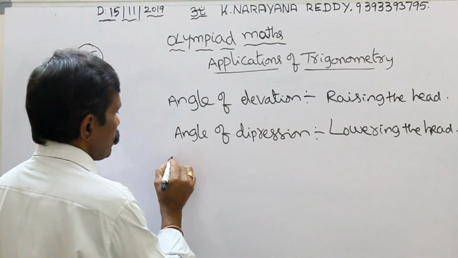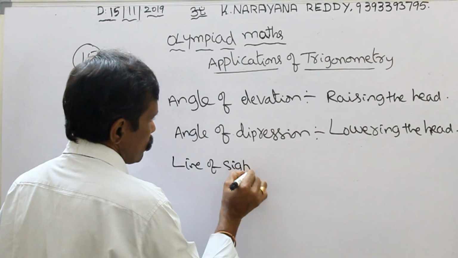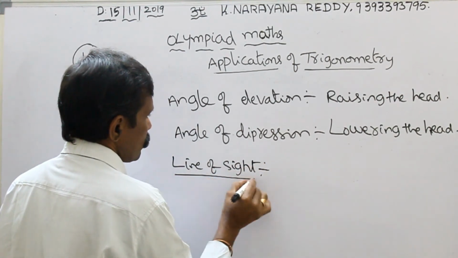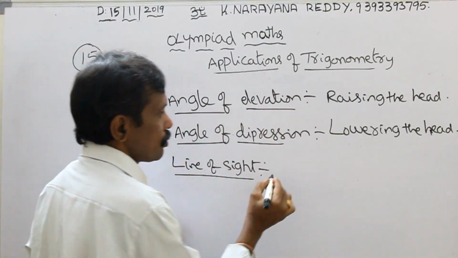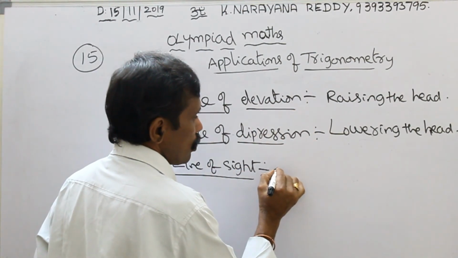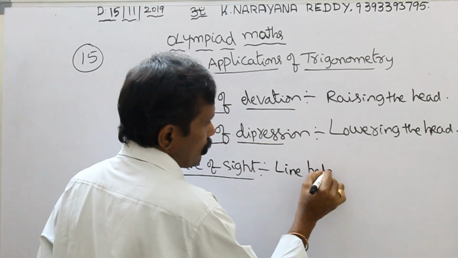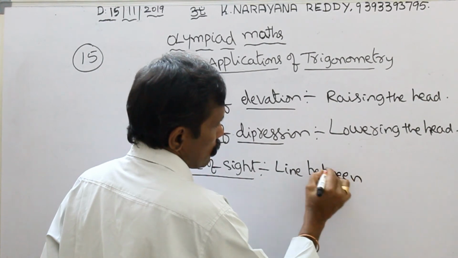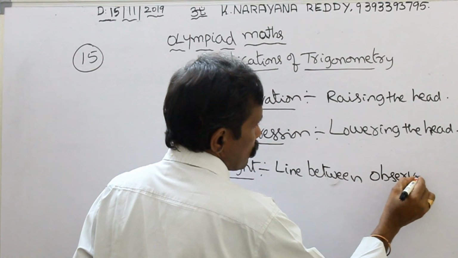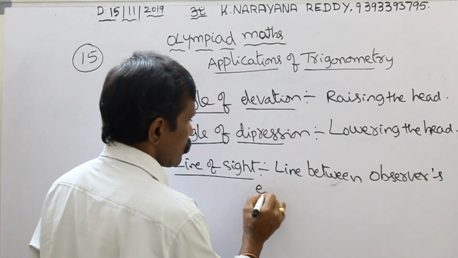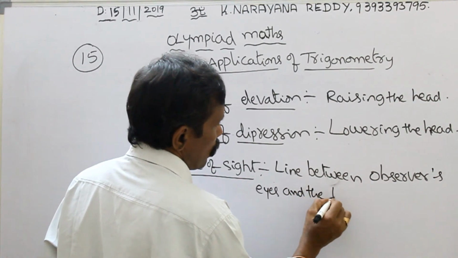Line of sight. Line of sight is nothing but the line between the observer's eyes and the object.